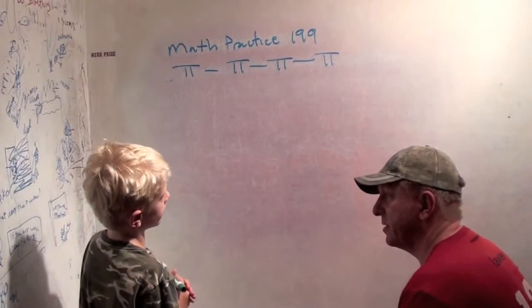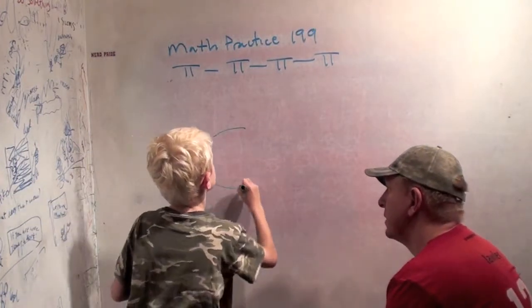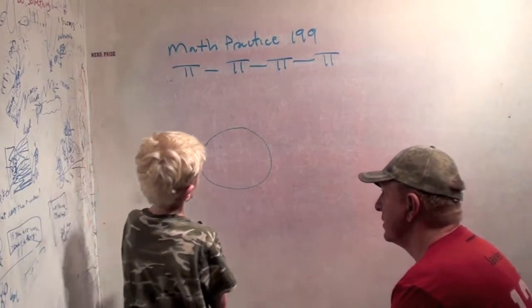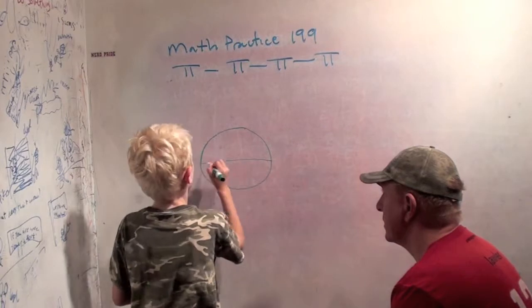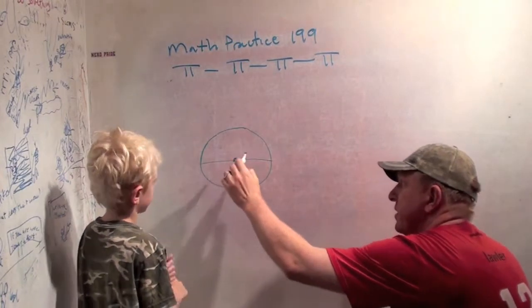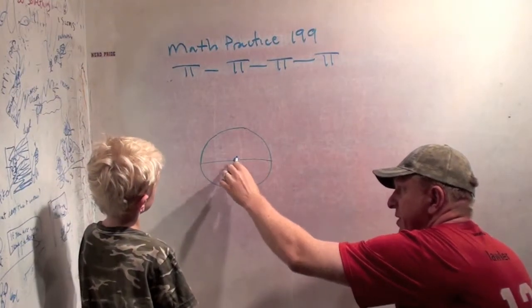Okay, do you know what a circle is? Yeah, it's just that. Okay, do you know what the diameter of a circle is? Is it from all the way across here? Yeah, very good. A circle is a bunch of points that all have the same distance away from the center.